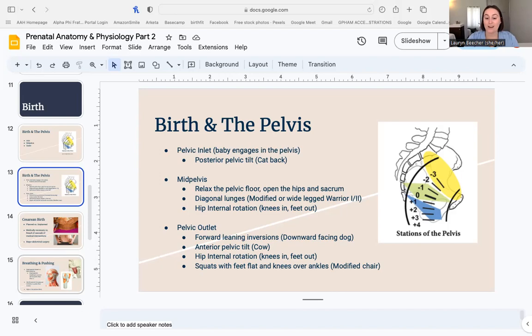If we think of modifying our warrior 1, our warrior 2, taking a wider stance as you lunge forward and back, shift a little side to side, coming onto that diagonal, whether it's right foot forward or left foot forward, can help open everything in the middle.